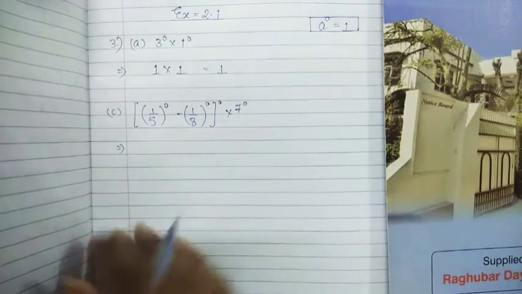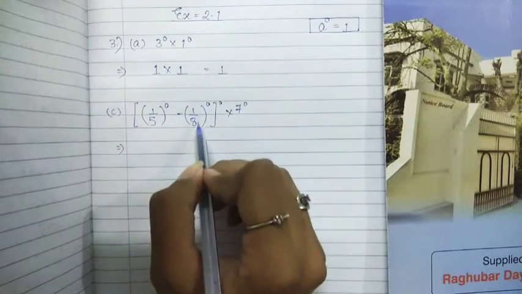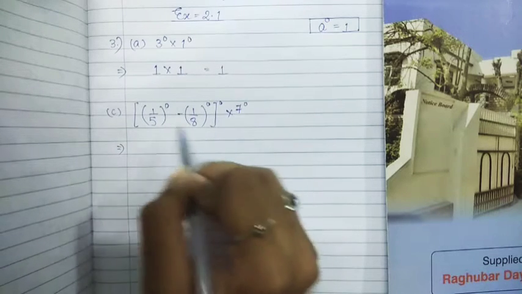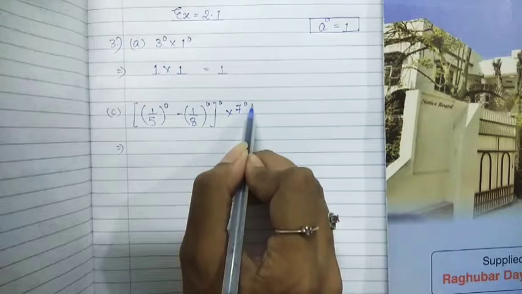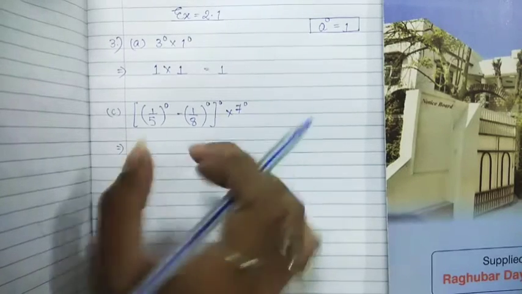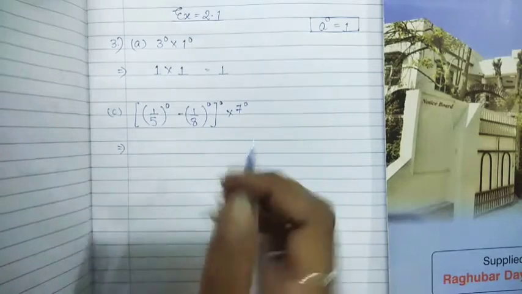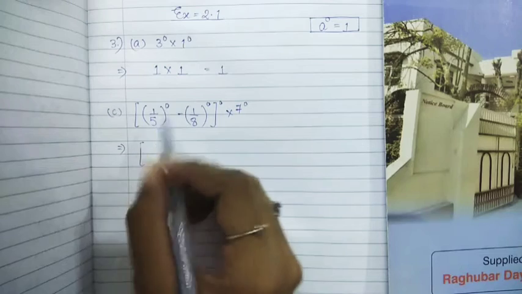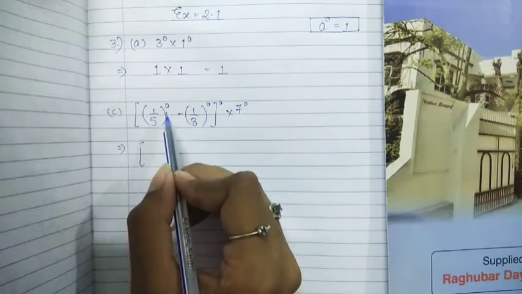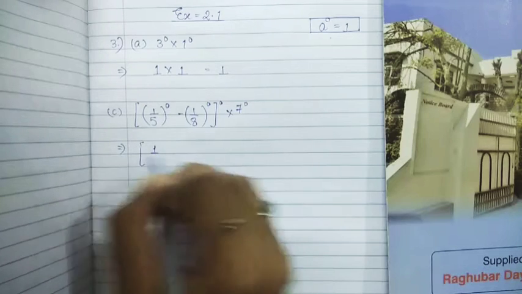In this part we have 1 upon 5 power 0 minus 1 over 8 power 0, and the whole power is 0, multiply 7 to the power 0. In this, first of all, we have to solve the numbers which are in brackets. So first of all, write the square bracket here. 1 over 5, what is the value of 1 upon 5 power 0? 1. Okay, always 1.